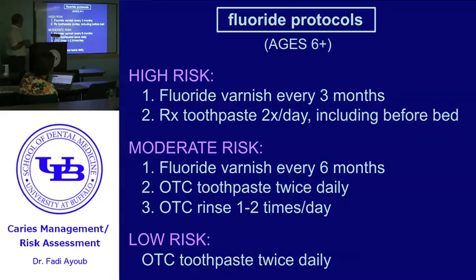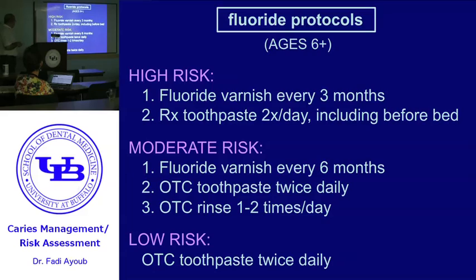So the fluoride protocol for age 6 and up that we adopt here in the school is, for the high-risk patient, we would like to see fluoride varnish every 3 months, and prescription toothpaste used twice a day, including before going to bed.